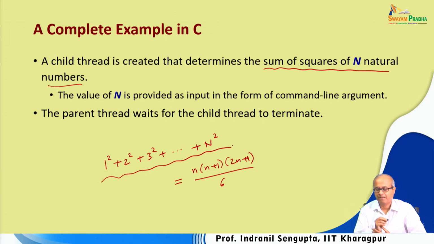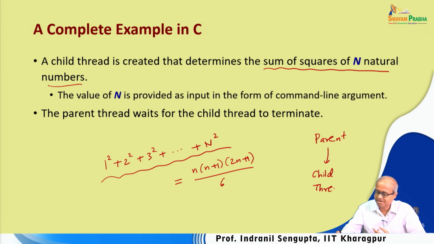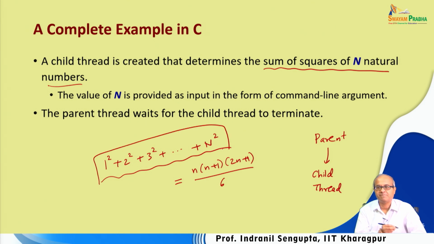I will directly go on adding 1 square, 2 square, 3 square, 4 square up to n square to find the sum. So, there will be a parent that will be creating a child thread. Only one thread we are creating in this example program. The child thread will be computing this sum, and there will be a global data that we are defining.